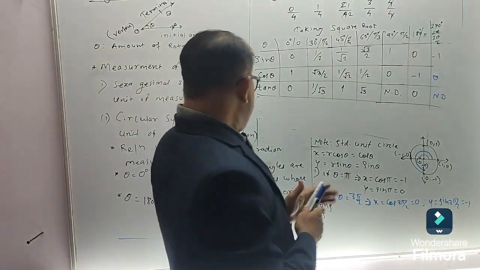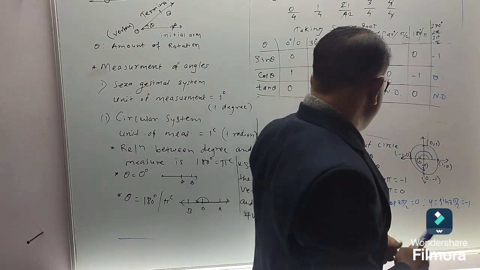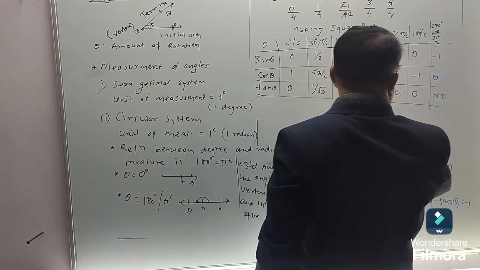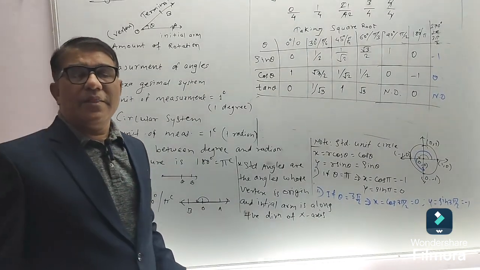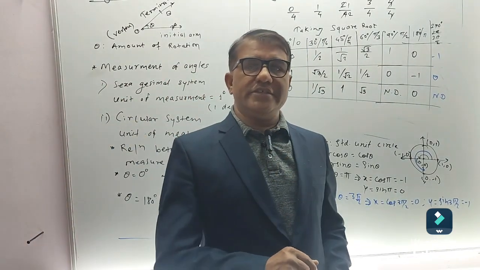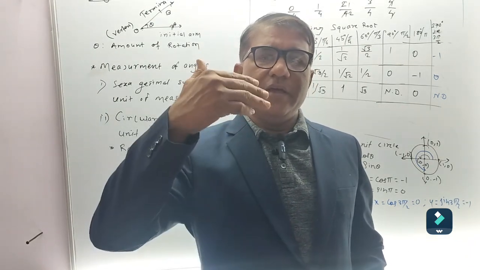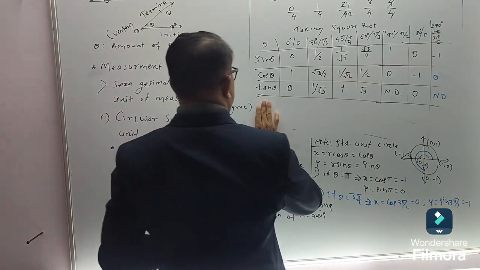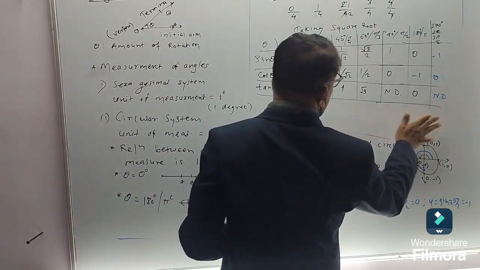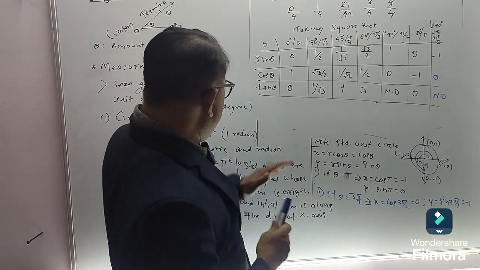In these lectures we find sine of 180 degrees, sine of 270 degrees, sine of 360 degrees, then multiples of 90. Please wait for some time.